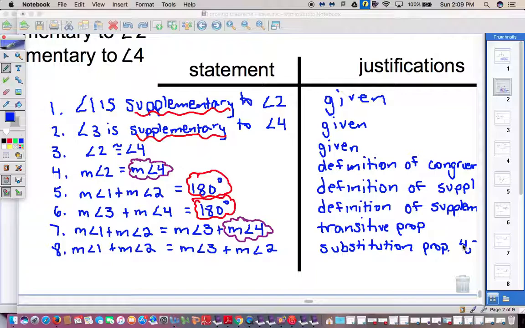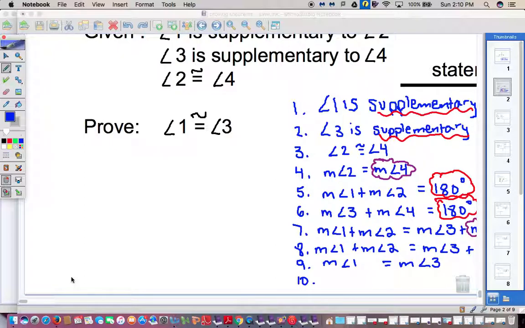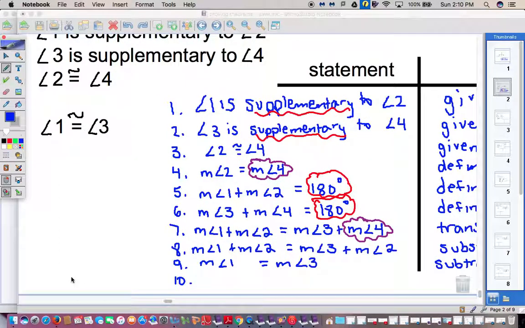Now if we subtract the measure of angle 2 from each side, because it's on both sides so we can easily subtract it, we have the measure of angle 1 is equal to the measure of angle 3. That's by the subtraction property of equality. Then we can switch, because our overall goal is to prove that the two angles are congruent to each other, not that they're equal.